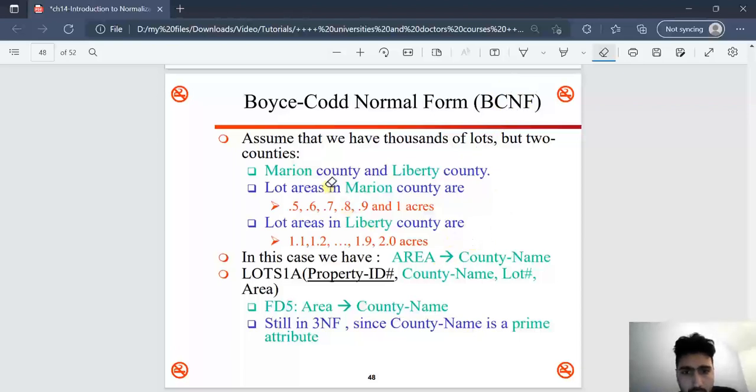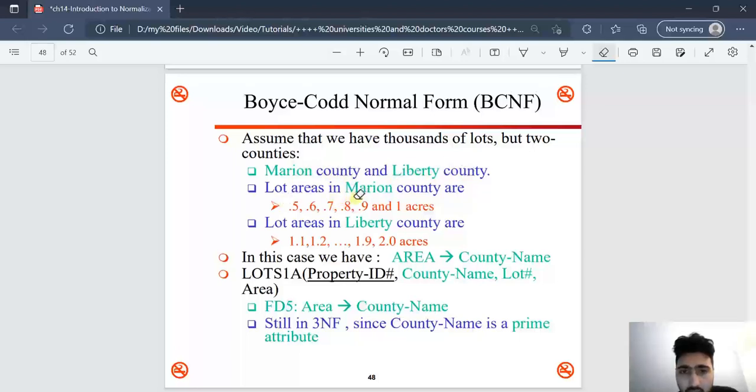So this functional dependency is explained here. Assume that we have thousands of lots but only two counties, and each county may have many lots. The first county is named Marion, and the other is Liberty County.